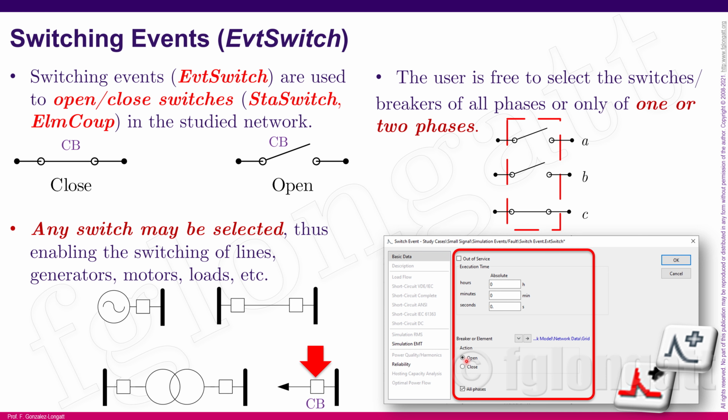PowerFactory is software for real situations. Also, you can define the circuit breaker as three-phase or single pole. You can open or close in a three-phase fashion, meaning three poles open or close at the same time, or you can use the more recent approach of opening or closing just a single pole or two poles.